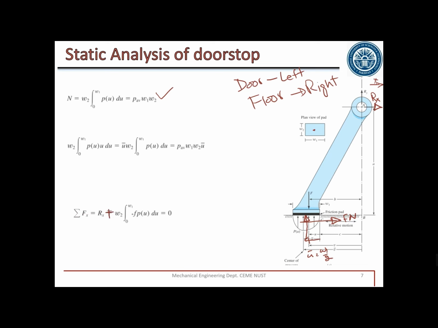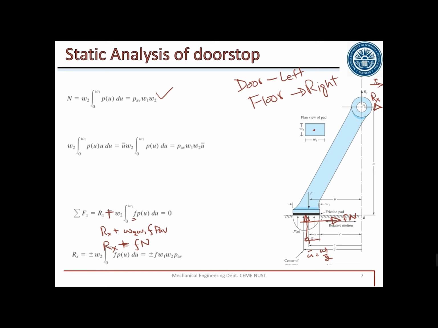It is the same equation as this, but with an addition of F, so it is F into N. If you are using P average, we can just write it as Rx plus W2, W1, F into P average, which is the integral, equal to F into N. So you can use anything. This is the equation of Fx.